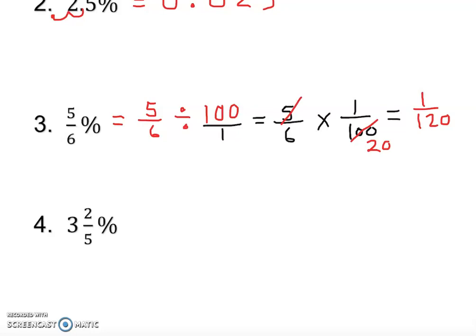So I'm going to have 120 on the left side and 1 inside. Again, I want to make sure you understand this. This is my divisor, and this is my dividend. The divisor always goes outside and the dividend inside.